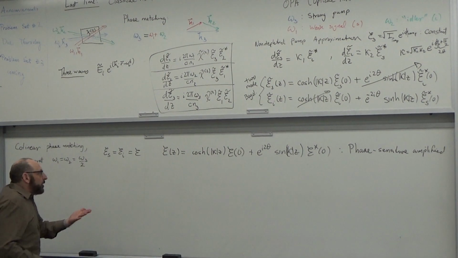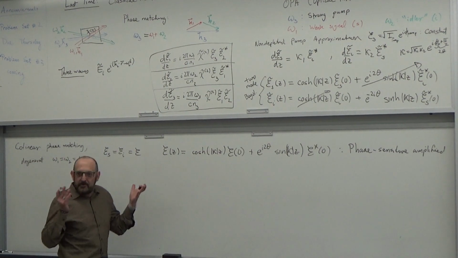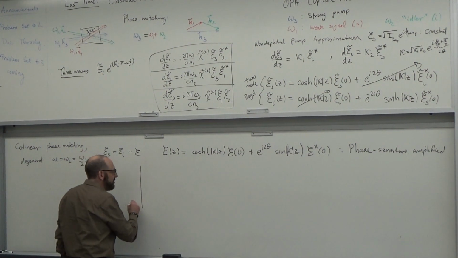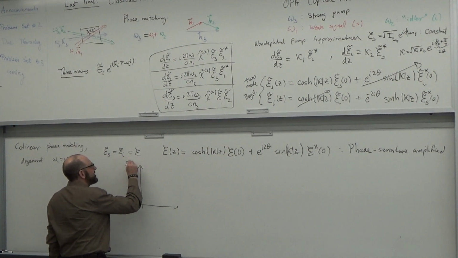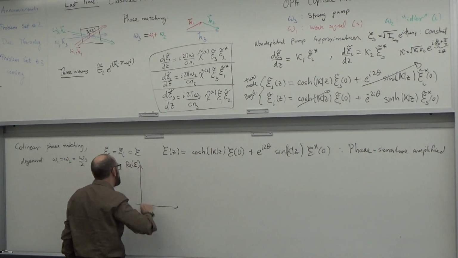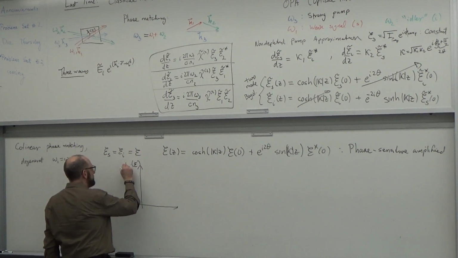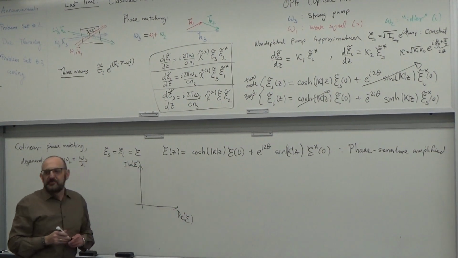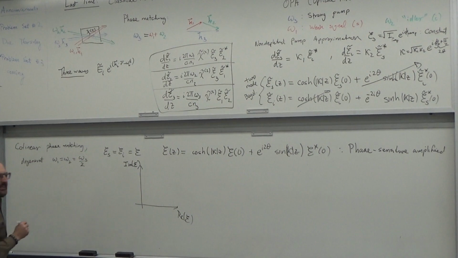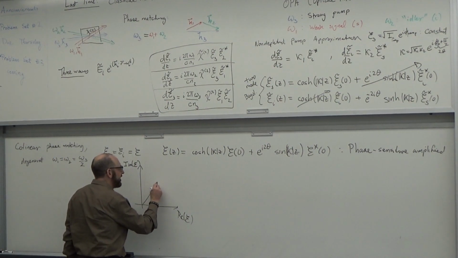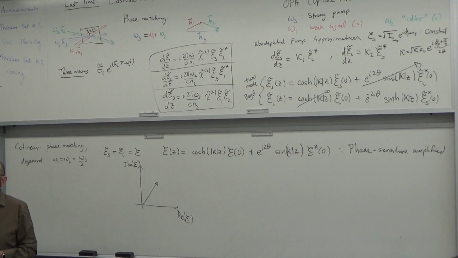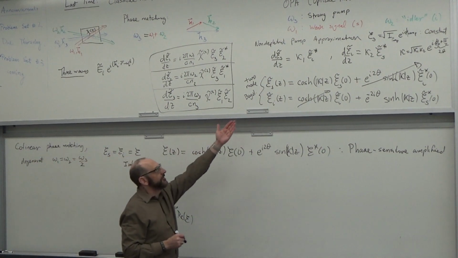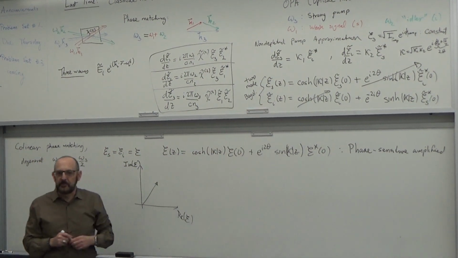So let's just think about this from a classical perspective. We could look at a phase space diagram with the real and imaginary parts of this, which are the quadratures. Think of it as a phasor plane. We might have some initial input here at whatever the phase is of this injected field relative to the pump.